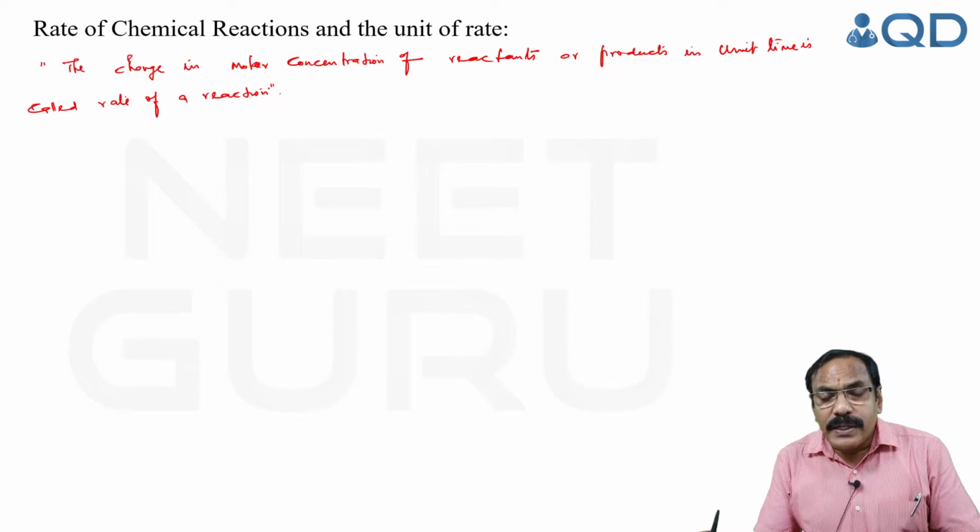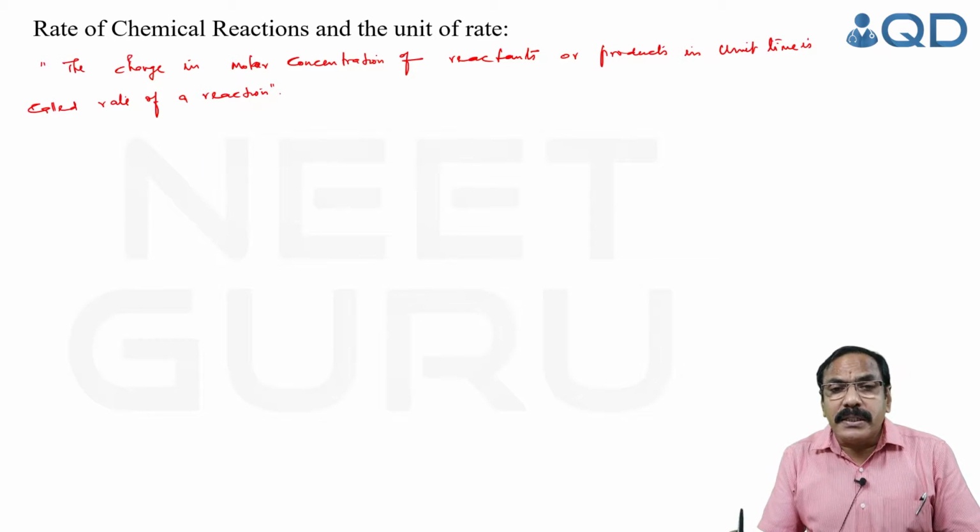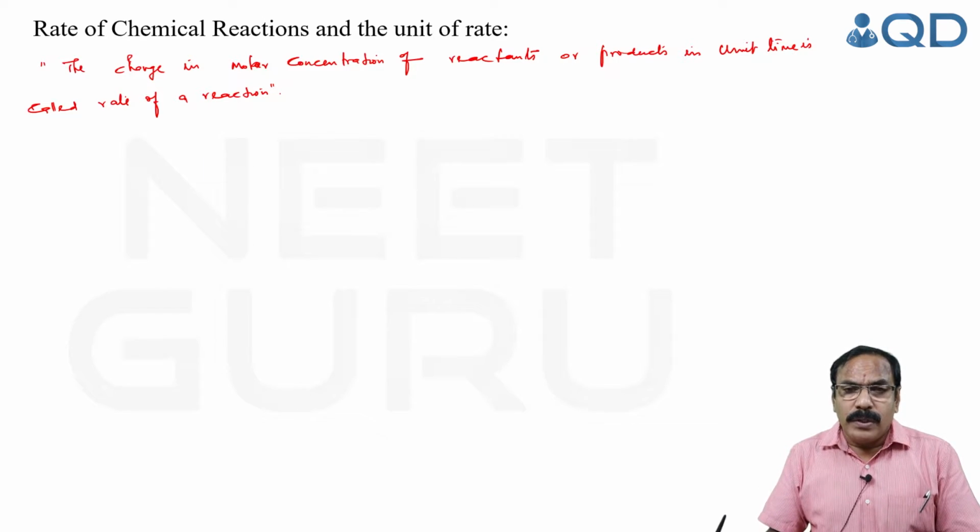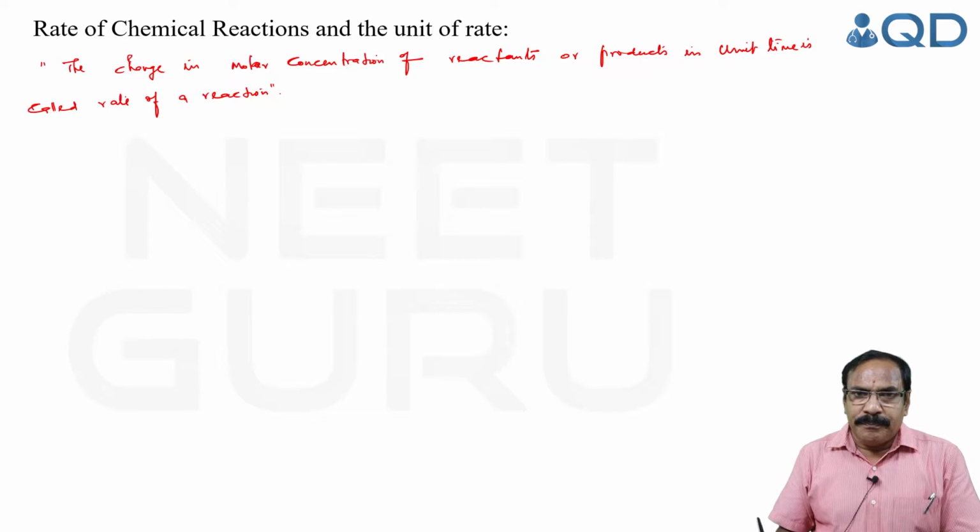In terms of reactant, you can say it is the decrease in concentration of reactant in unit time, or in terms of product, you can say increase in concentration of product in unit time.